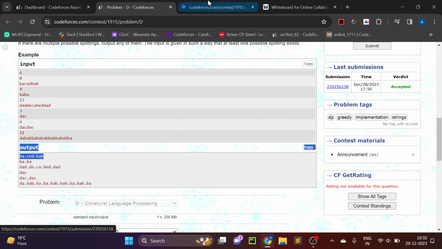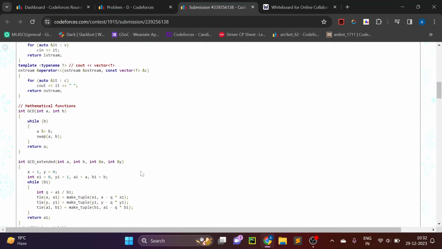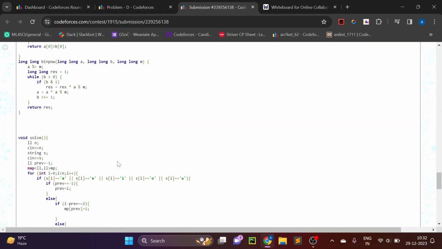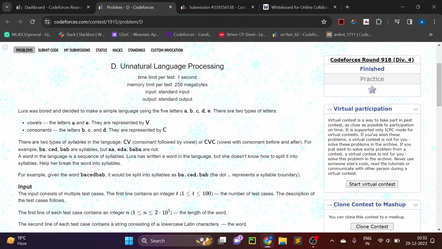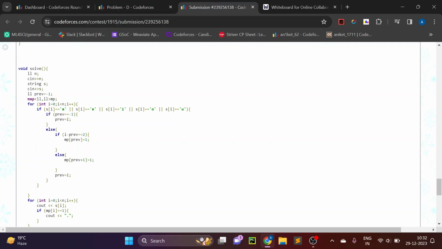So let me just show you my code. First of all, I have initialized a previous integer. Previous basically stores the index of the previous vowel. If a vowel is detected, I check the characters, writing all the vowels from A to E, and if previous is equal to -1, I will make previous equal to i because it is the first vowel itself.